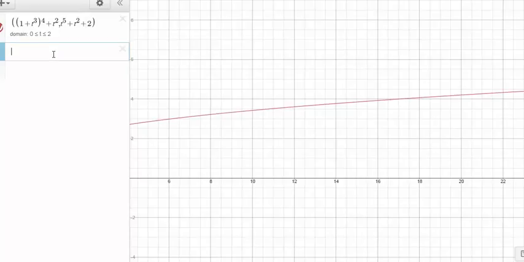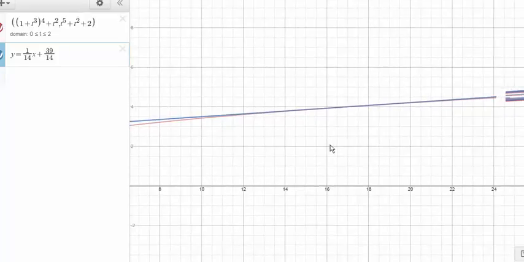Now, let's go ahead and plug in our tangent line. So we've got y is equal to 1 over 14 times x plus 39 over 14. And if you notice, it looks very good as far as being tangent right here at that spot (17, 4). So it's just a nice way to verify it. We could also use something like Wolfram Alpha to do the same verification, but I think this is good enough.